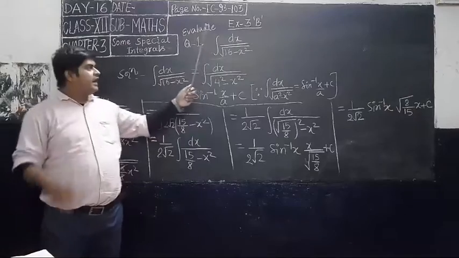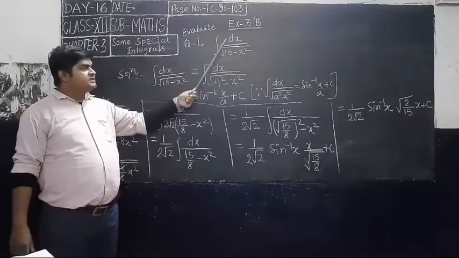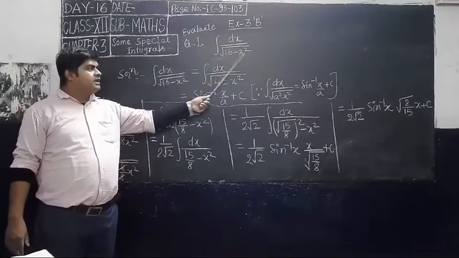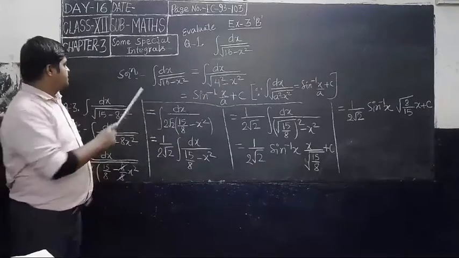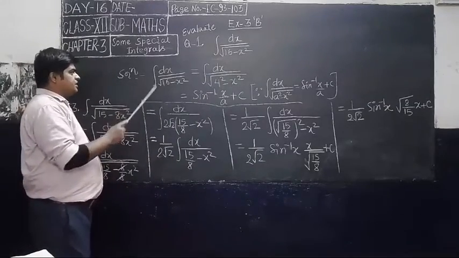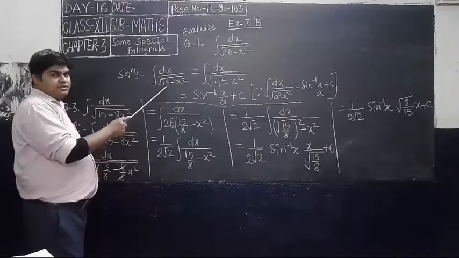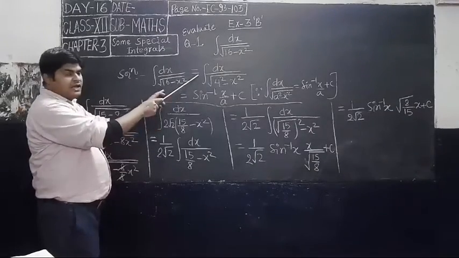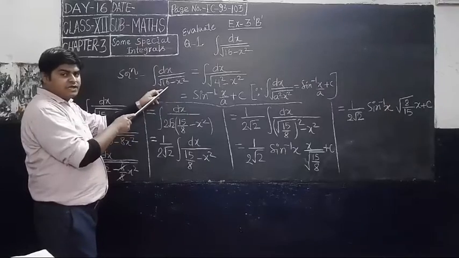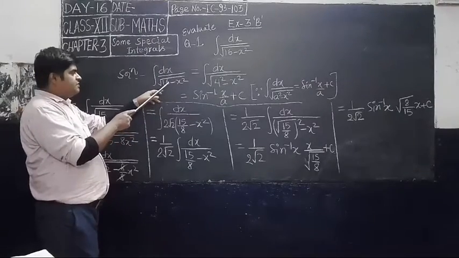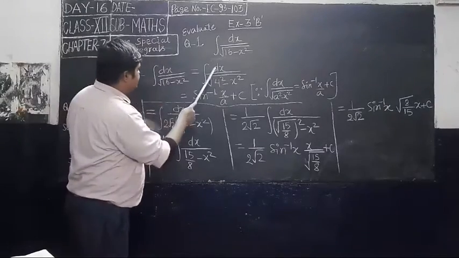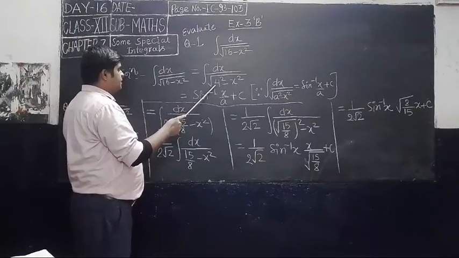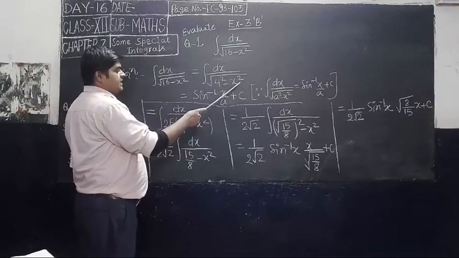Question number 1: evaluate, that means you have to find the integration of dx by under root 16 minus x square. The solution: integration dx by under root 16 minus x square is equal to, firstly you will arrange the a term. You can write here a square, that means 4 square. So integration dx by under root 4 square minus x square.